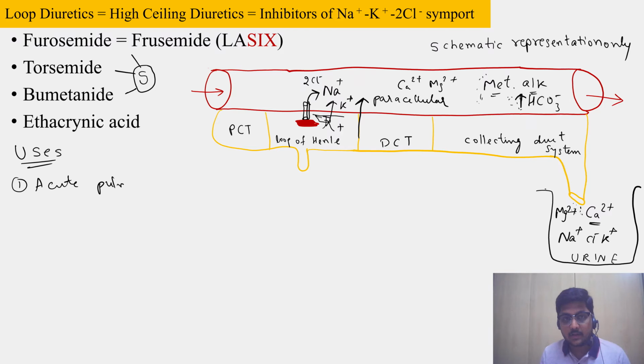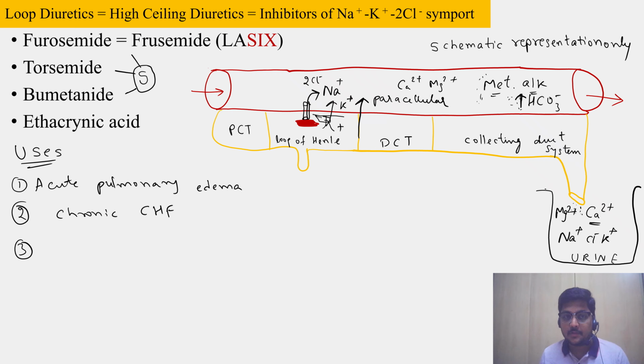In hospital emergencies and even in the ICU, when we see acute pulmonary edema, immediately we give loop diuretics, usually furosemide injection. And the second use is chronic congestive heart failure, we give these loop diuretics.